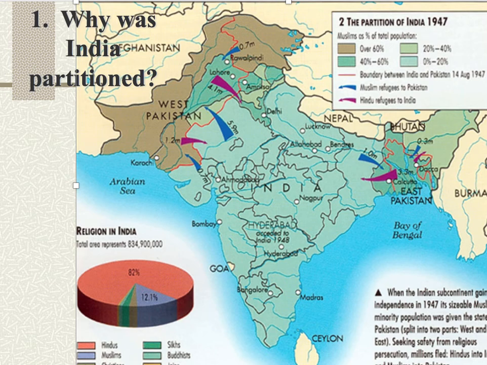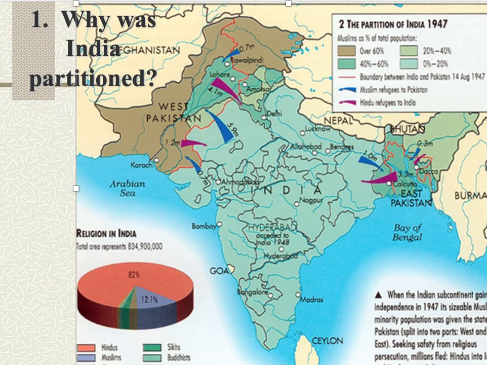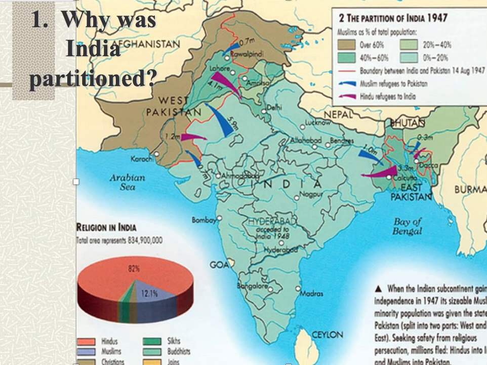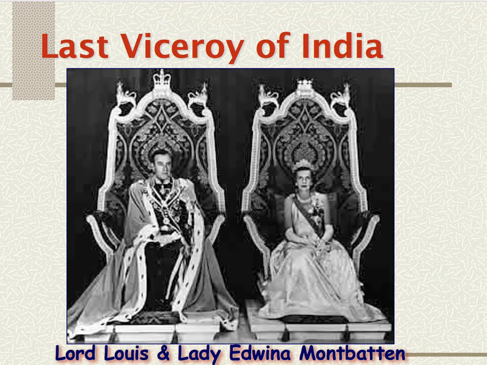So on June 3rd, 1947, the Viceroy of India, Louis Mountbatten, transfers power to the two countries. So there is going to be an India and there is going to be a Pakistan.